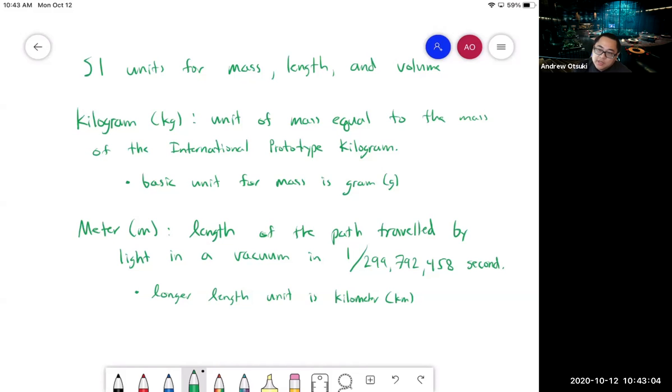I don't really have a preference for how you say it, but it doesn't matter. Kilometer is a longer length unit. Usually you can equate that to miles here in the U.S. They're frequent units we use for driving and traveling.